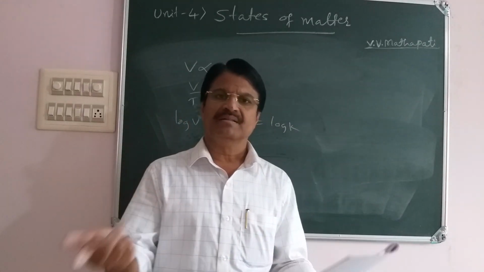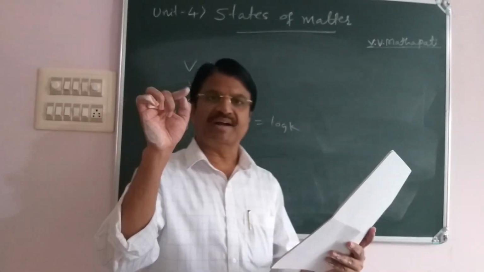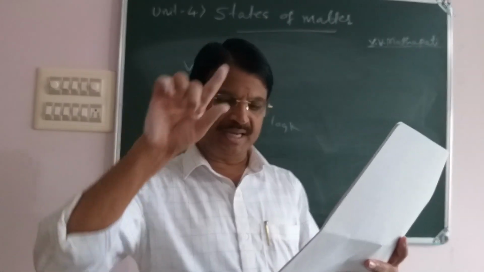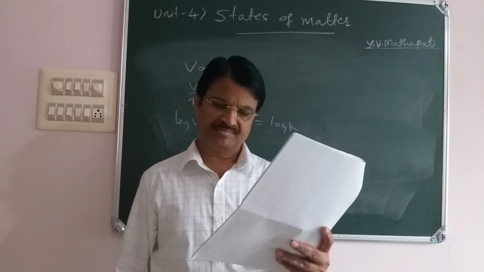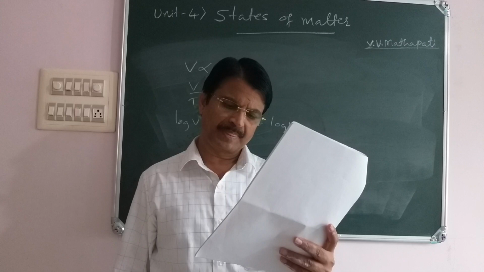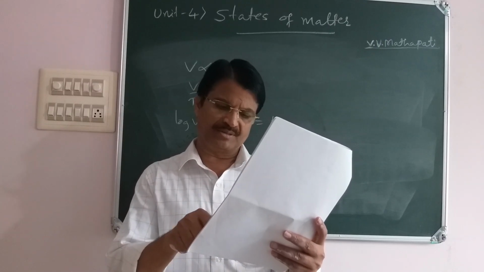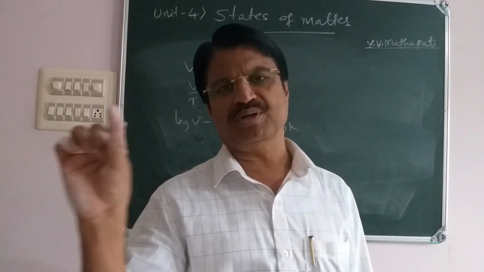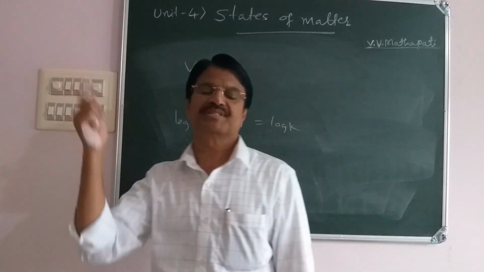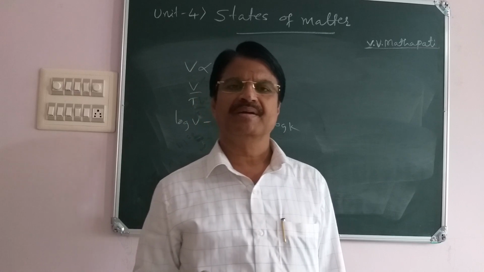Then one more question, question number 58. The correction factor A to the ideal gas equation corresponds to what? The ideal gas equation is PV equal to nRT. The real gas equation is P plus A n square by V square, into V minus nB, equal to nRT.